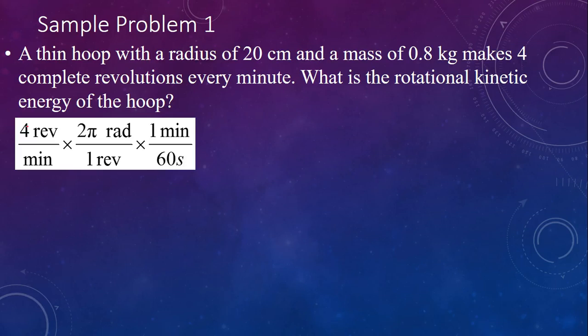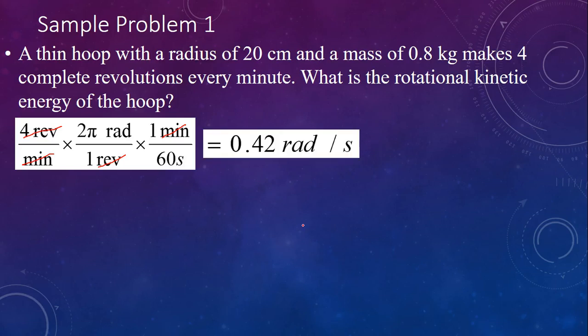So remember, this is the way you have to do it. We take 4 revolutions per minute, and then there's 2 pi radians in 1 revolution, and there's 60 seconds in 1 minute. So we see that these units cancel, and these units cancel, multiply everything on the top, and divide by the 60 seconds, and we get 0.42 radians per second.